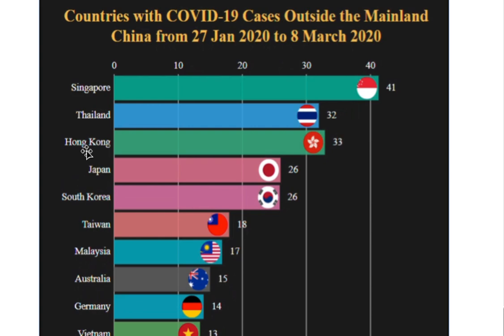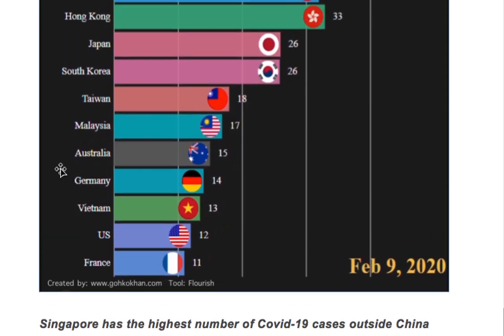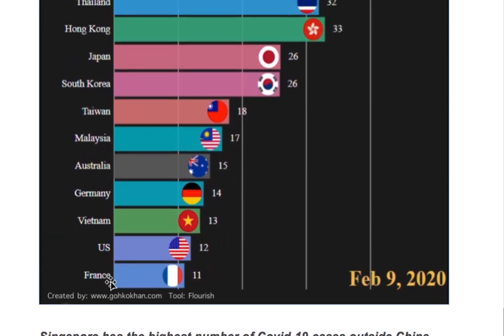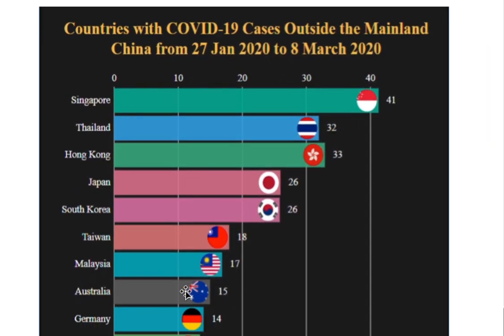As you can see in the chart here, Singapore has the highest number of COVID-19 cases, followed by Thailand, Hong Kong, Japan, South Korea, and the least number would be France with only 11. So France has the lowest number of COVID-19 cases, while Singapore has the highest.